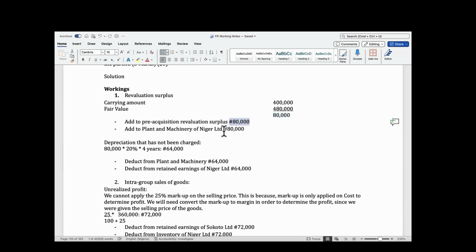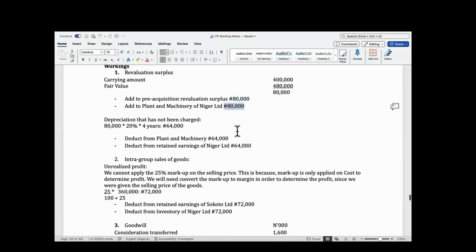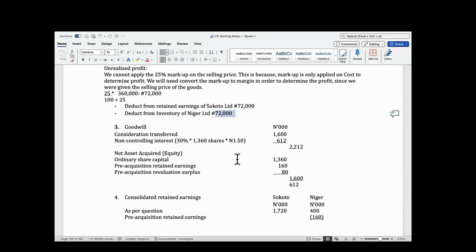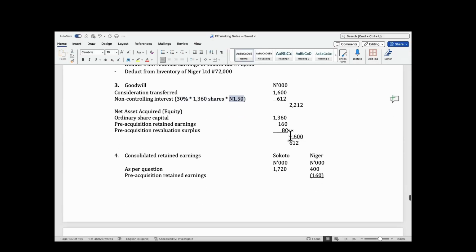Okay, so all I've explained, the solutions are here. From the revaluation surplus that we are treating as pre-acquisition, and also we are adding to the plant the depreciation, which is 20% times the revaluation times 4 years, which we are going to remove from the plant and from retained earnings. Then the intra-group transactions, which I said to be 25 over 125 times 360, which we are going to remove from the retained earnings of Sokoto and inventory of Niger. Then we compute our goodwill. We calculate the value of NCI, 30% of the number of shares times the share price, against the net assets of the subsidiary.